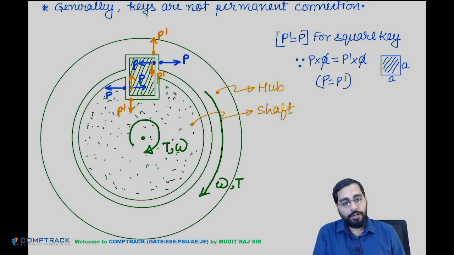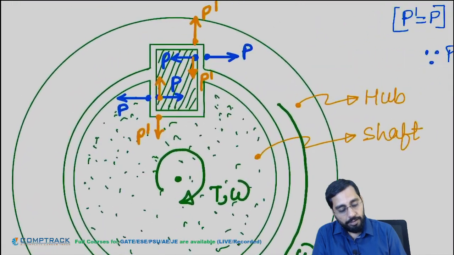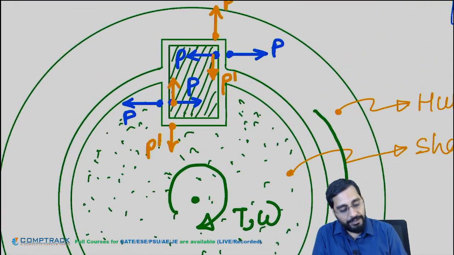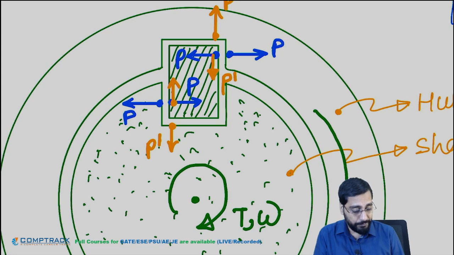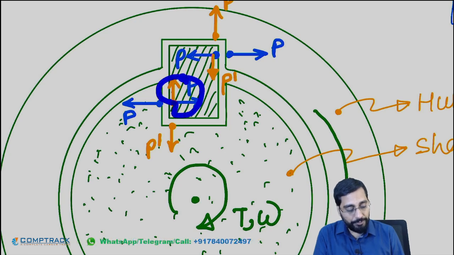Okay. So here the power is transferred with the help of shear strength of the key, and location of these P and P dash are not known, so there will be some resultant of these P and P dash.